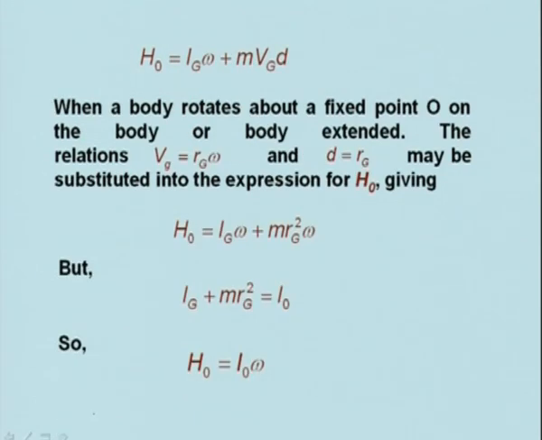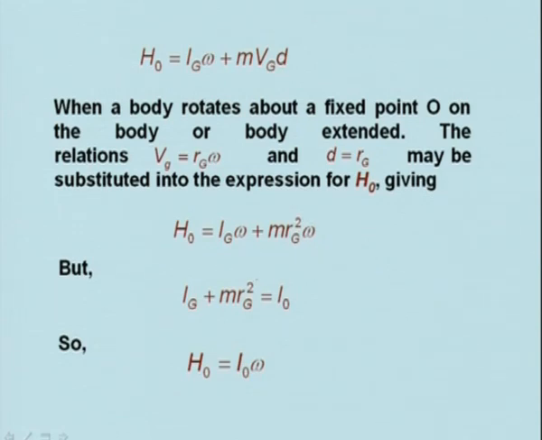So therefore we can write Ho is equal to Ig omega plus m Vg d, and when a body rotates about a fixed point O on the body or body extended, the relations Vg is equal to Rg omega and d is equal to Rg may be substituted into the expression for Ho, giving Ho is equal to Ig omega plus m Rg squared omega.